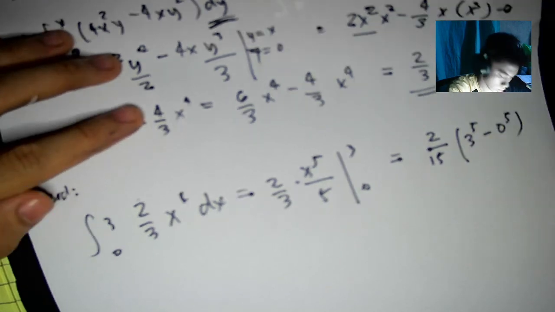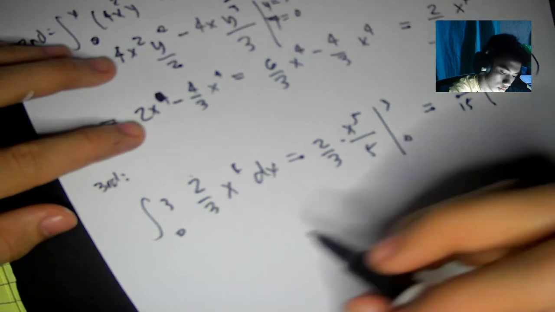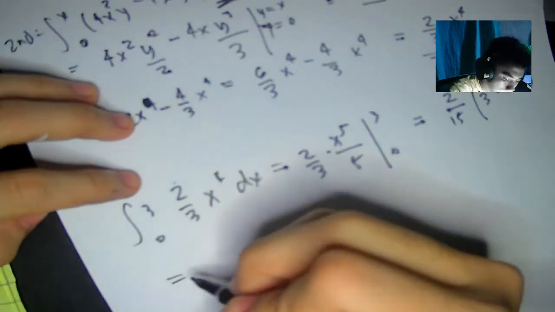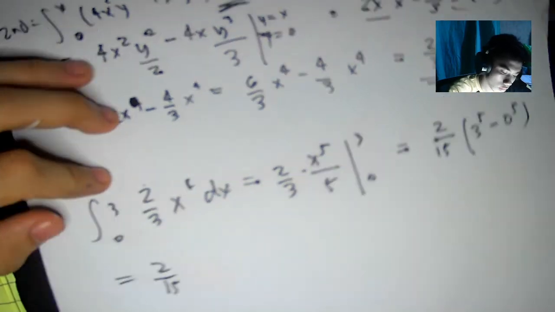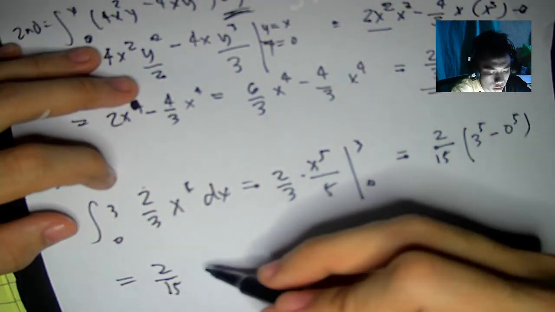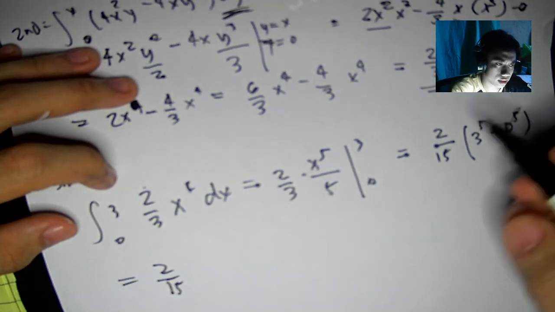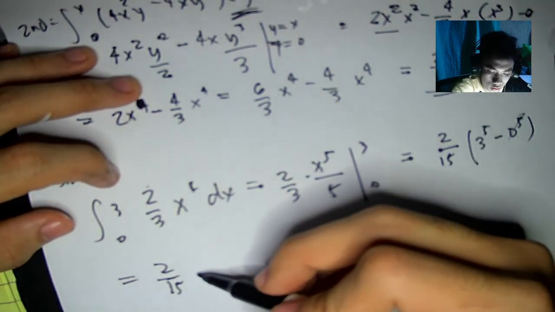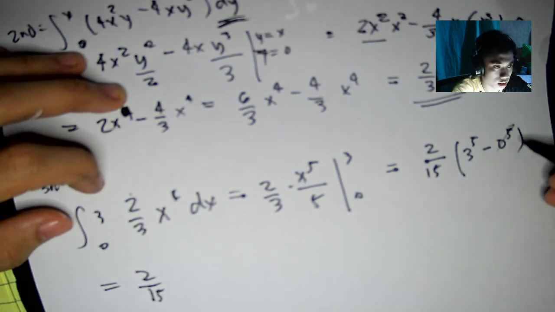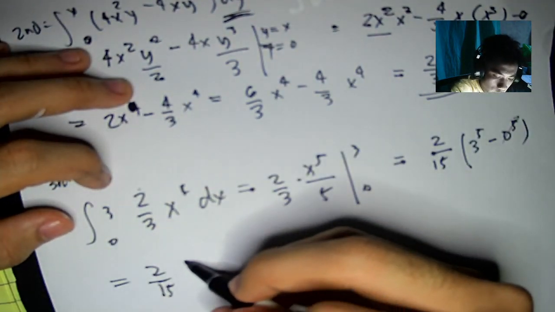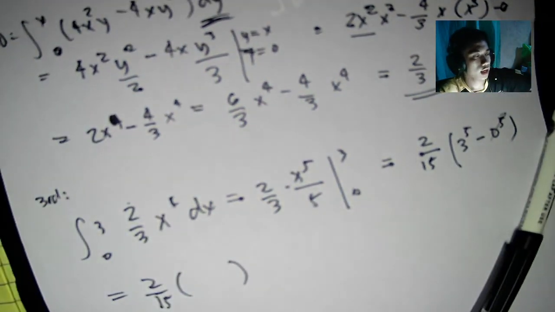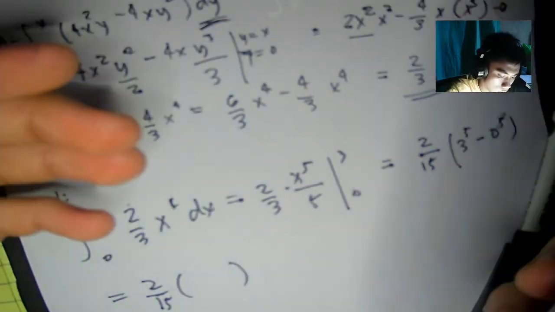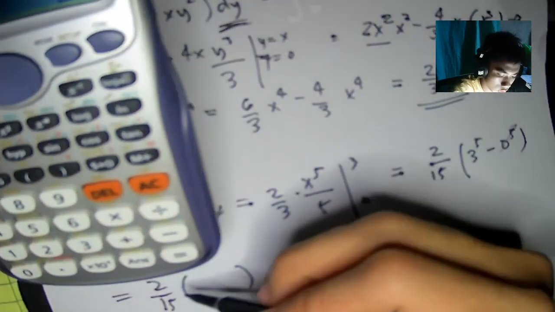So in this case, what we're going to do here is retain the 2 over 15, and the 0 part we'll just disregard because it's useless to put your time into that, since it's just 0. So 3 to the fifth. I am not a human calculator, so I'll use one. So 3 to the fifth is equal to what? 243.